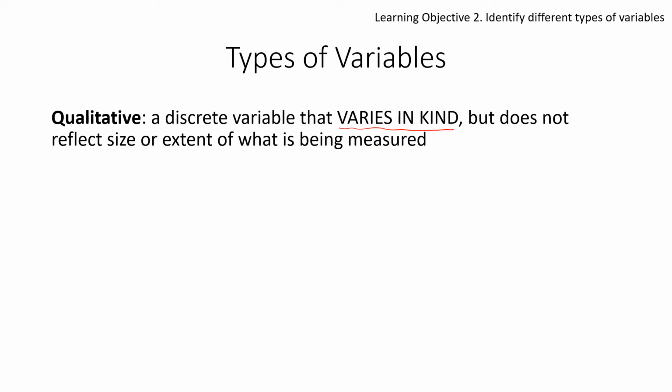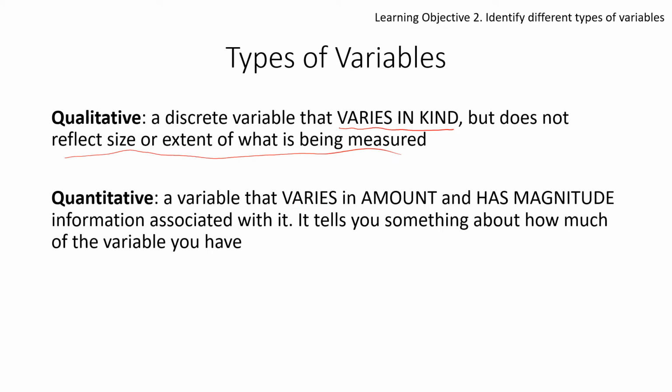What you drive would be put into a category or a kind. So all Chevys would be grouped together into a kind. And you can measure a quantity or a number in that kind. So let's say 5 of you drive Chevys, we could put a 5 next to it. But the difference between Chevy and Ford is not something that reflects size or the extent of what's being measured.